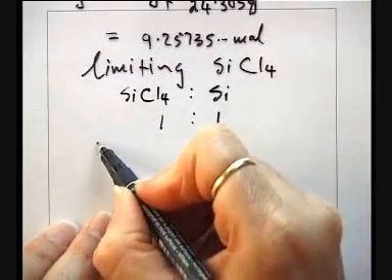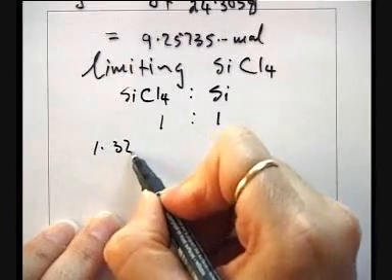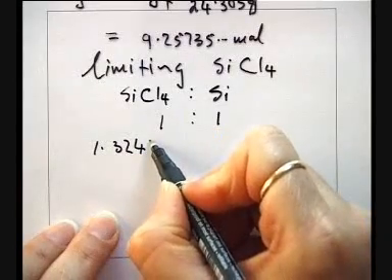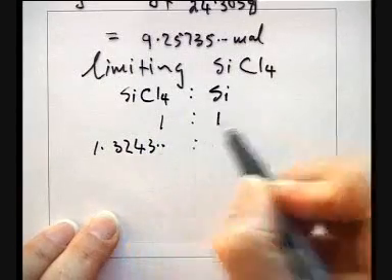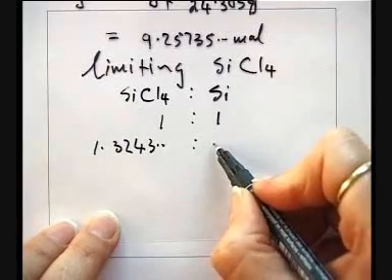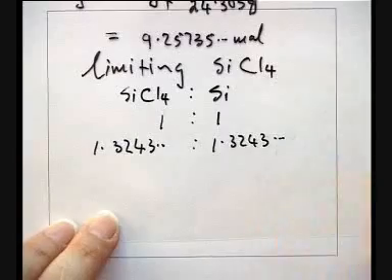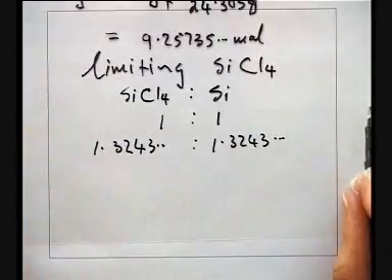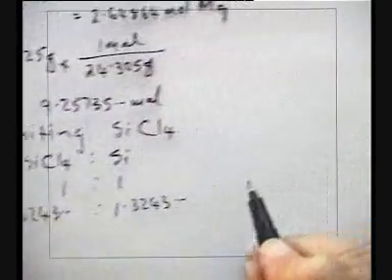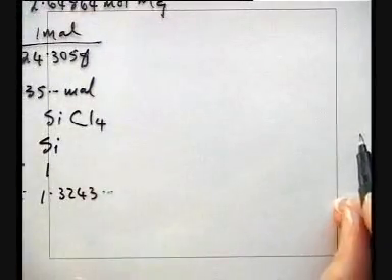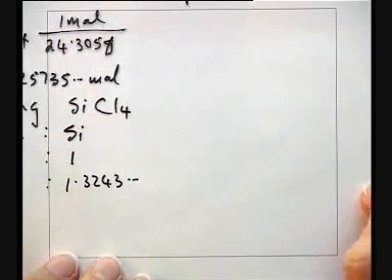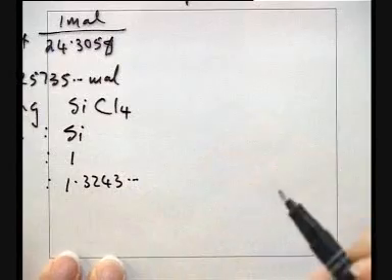You've calculated that you have got 1.3243 etc. moles of silicon tetrachloride. You expect then 1.3243 etc. moles of silicon. Express that as a mass. Take into account the molar mass of silicon.